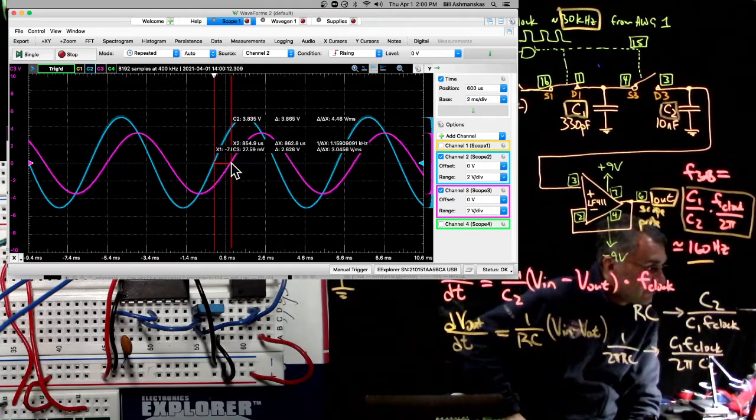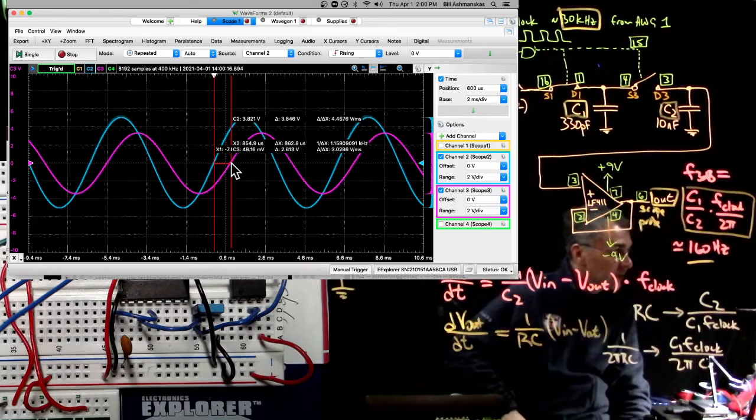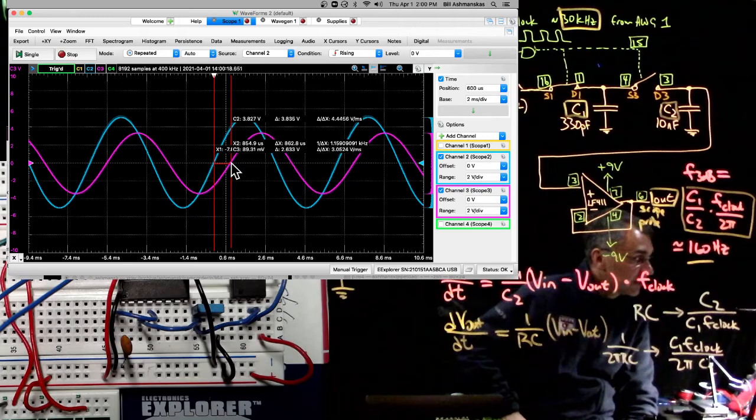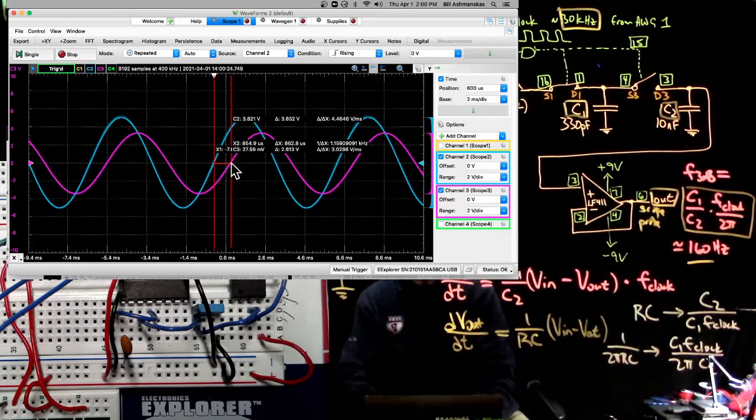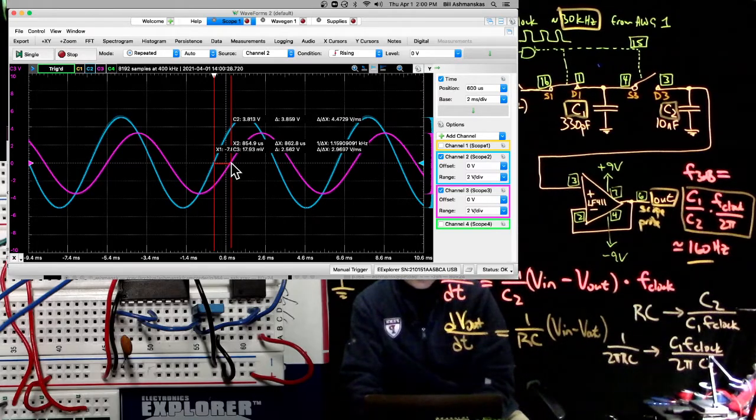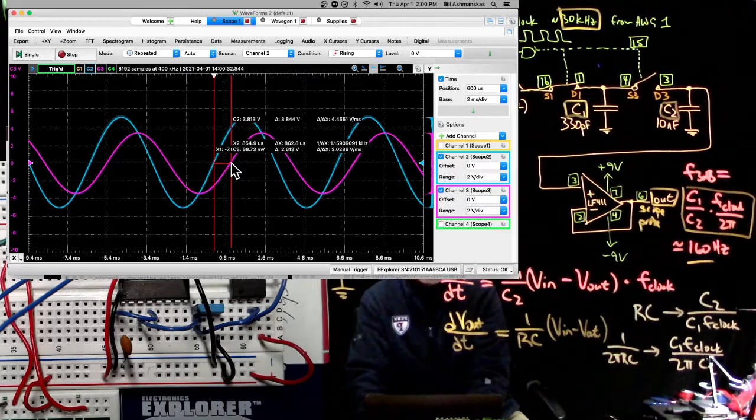That is a delta x of 863 microseconds. And then, meanwhile, the period is 1 over 160 hertz.